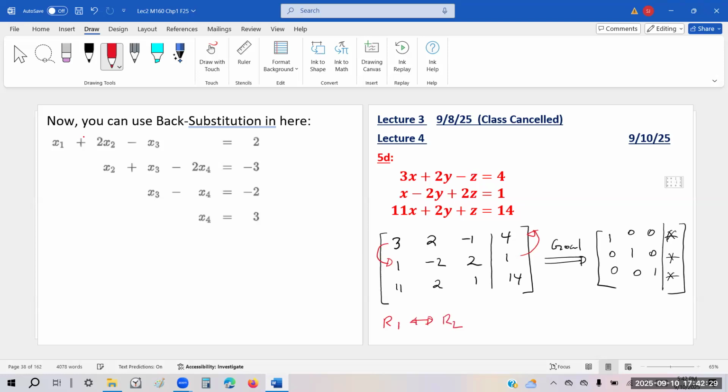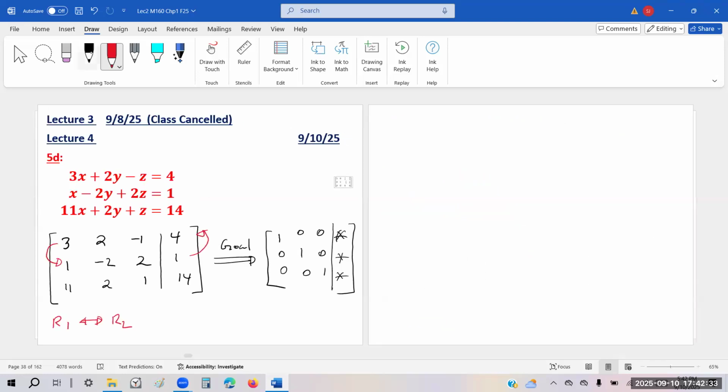This is the operation here. Swap them. So we get the new matrix: 1, negative 1, 1, negative 2, 2, 1, 3, 2, negative 1, 4, 11, 2, 1, 14. So we have this, and you're satisfied.